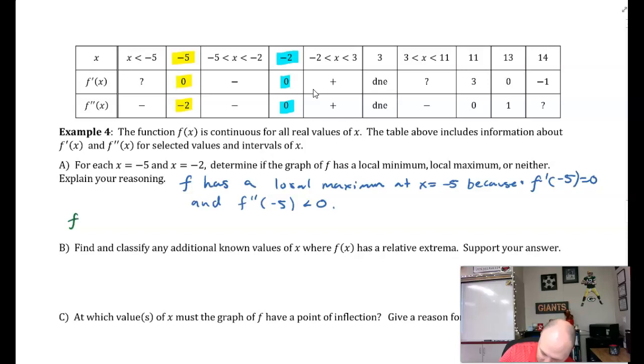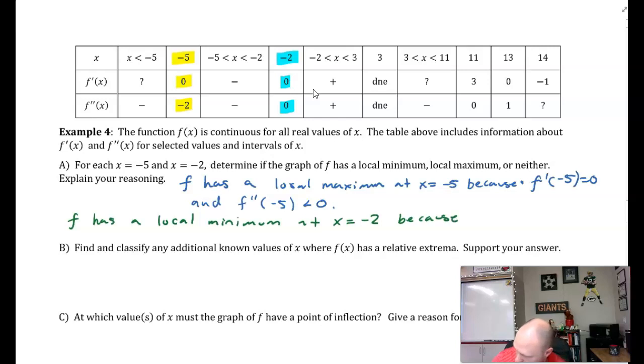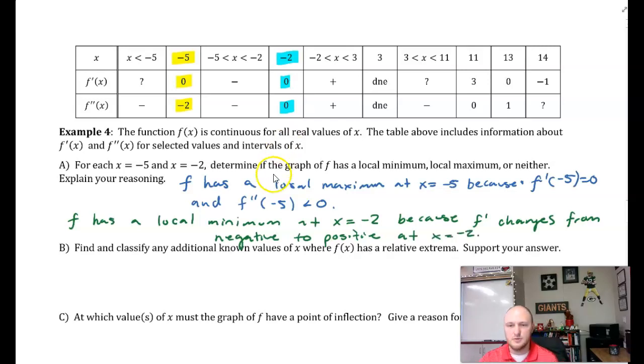So I'm going to say f has a local min at x equals -2 because f prime changes from negative to positive at x equals -2.